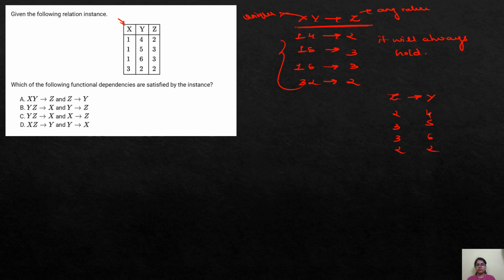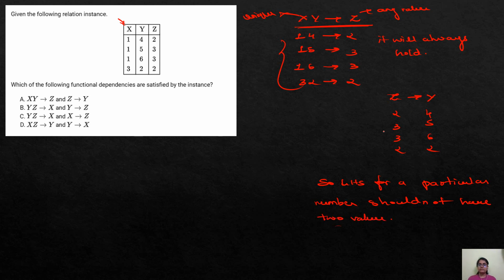Like 2 gives 4, this is okay. But for 3, we have 2 values. So the LHS for a particular number should not have two values.